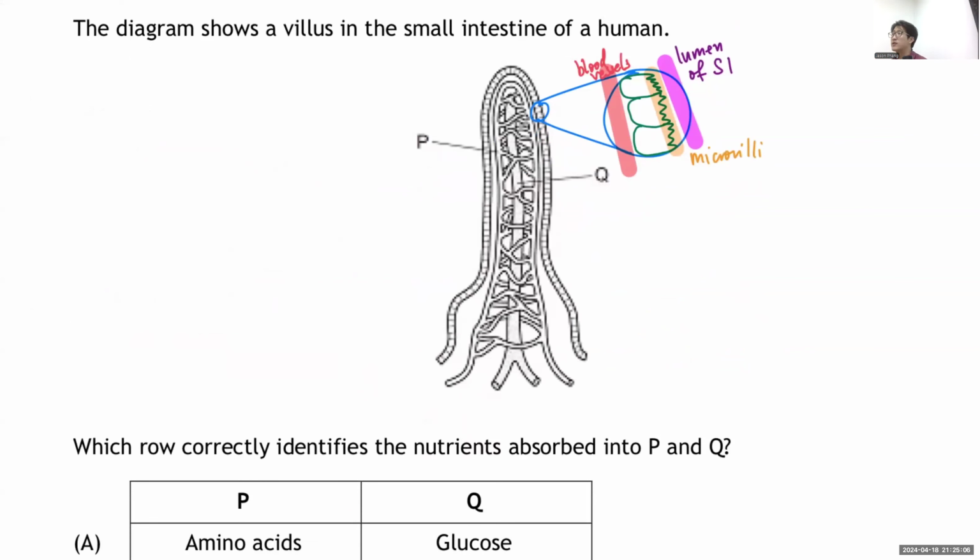Can we identify P and Q first? Arisa, help me identify one of them, please. No, I'll identify the thing first. P and Q, which one?